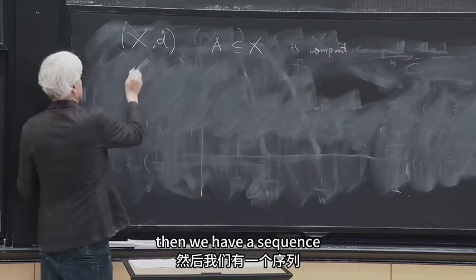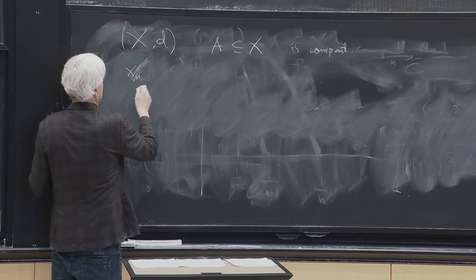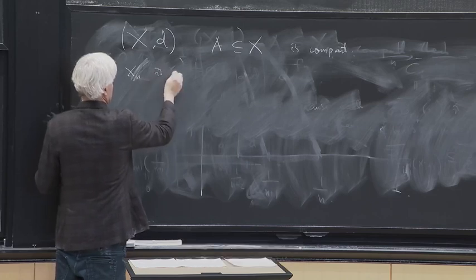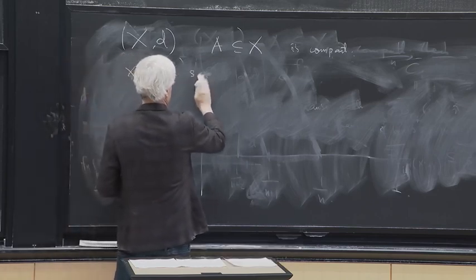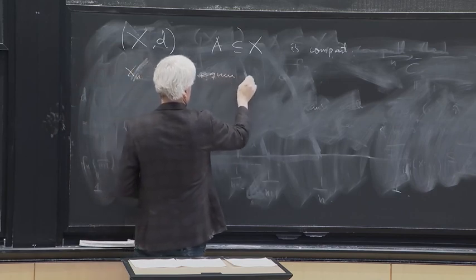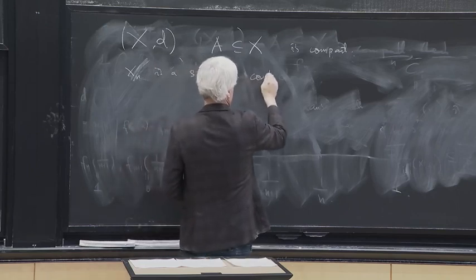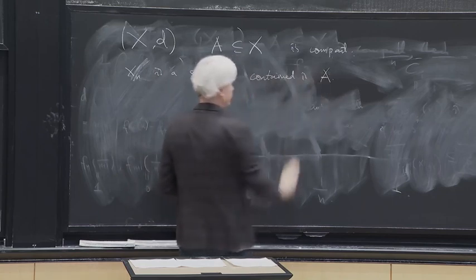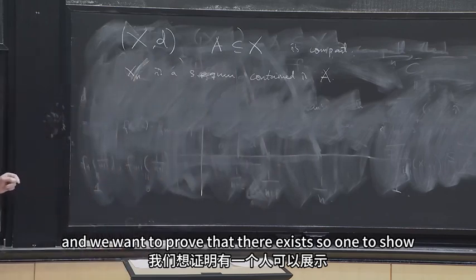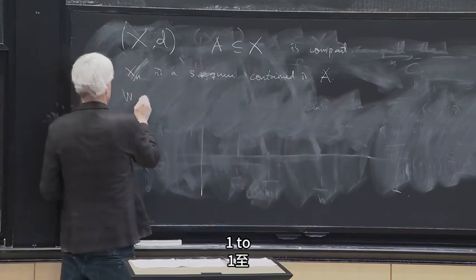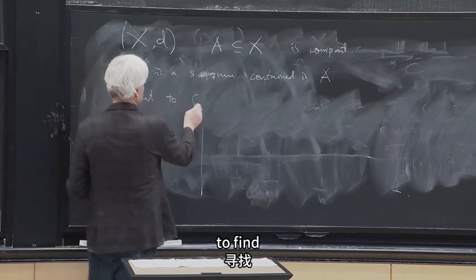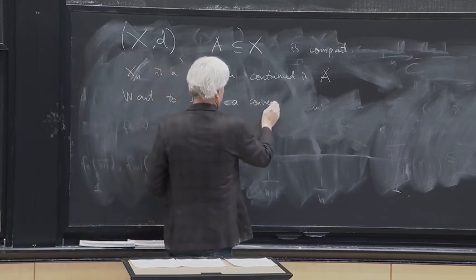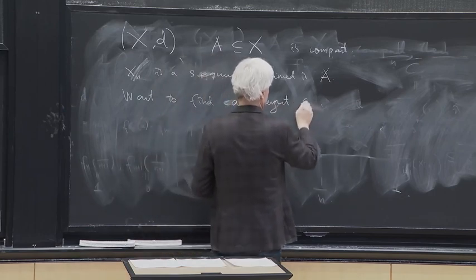Then we have a sequence xn, and this is a sequence contained in A, and we want to prove that there exists, so we want to find, a convergent subsequence.